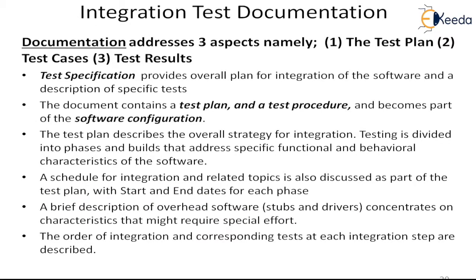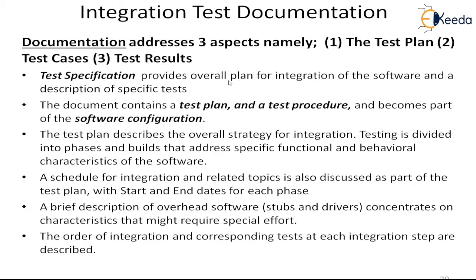Now, the last one in this series of our unit test and integration test is the integration test documentation, because documentation, we have said, is very important for us. It will have three aspects: the test plan, the test cases, and the test results. The test plan is normally called the test specification.